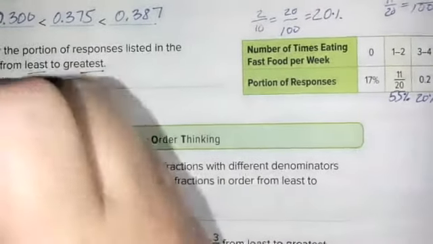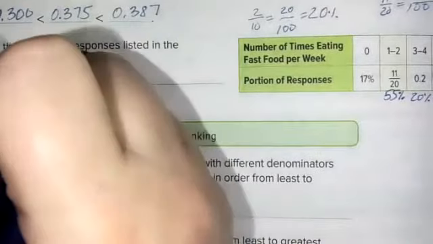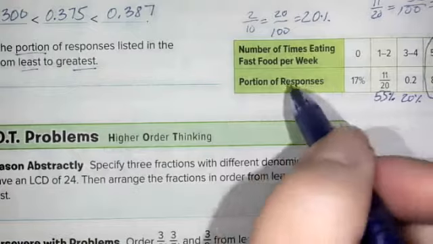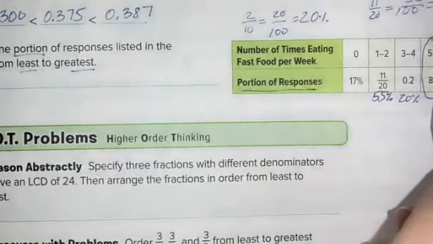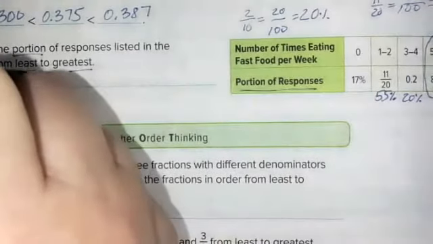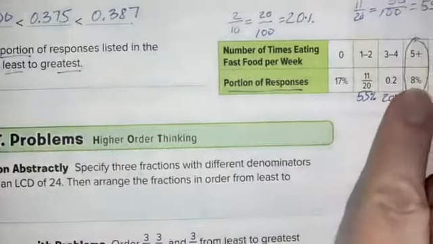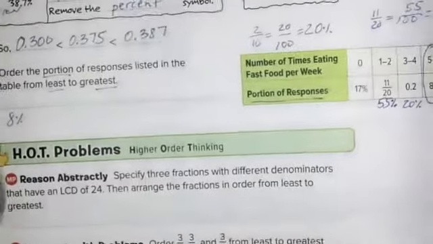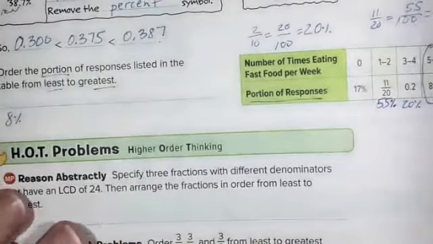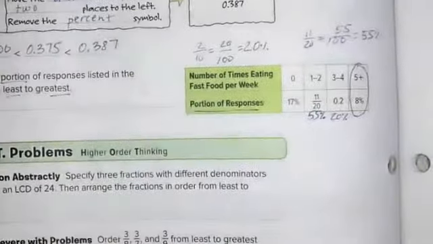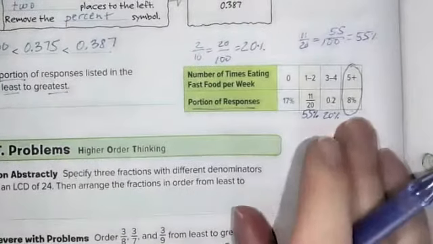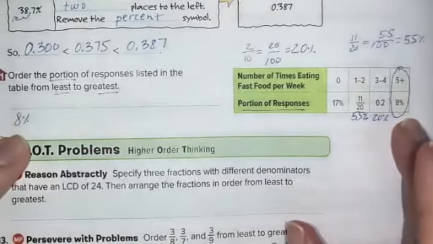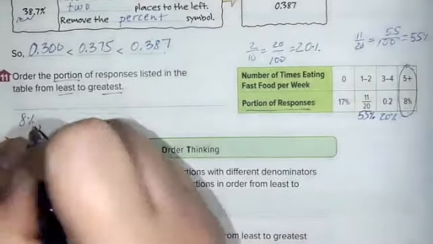So this is the portion of responses, and 8% is the smallest. Only 8% of people said that they ate out 5 or more times per week at fast food. Fast food is not really a healthy option, but it's a reality of life sometimes. So that's the smallest portion of responses.